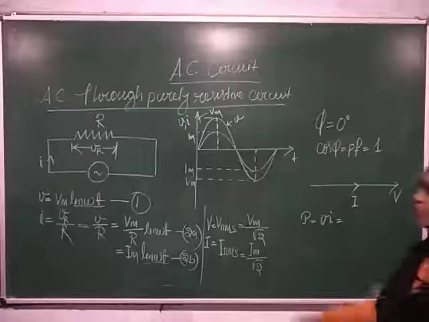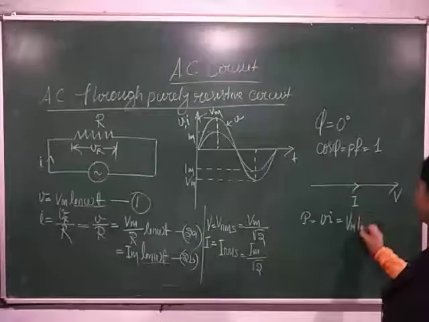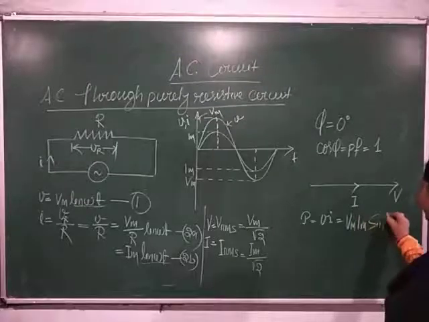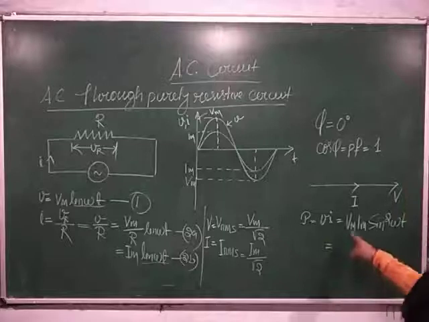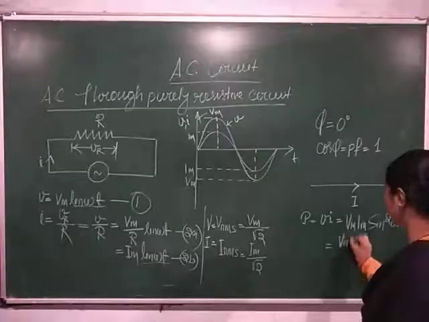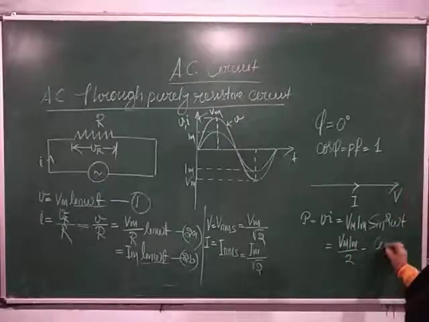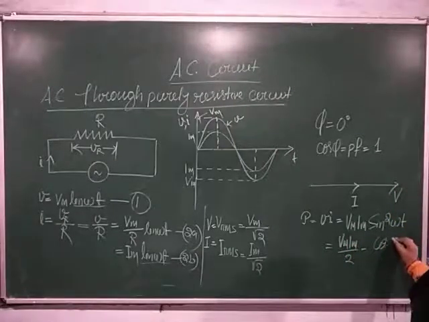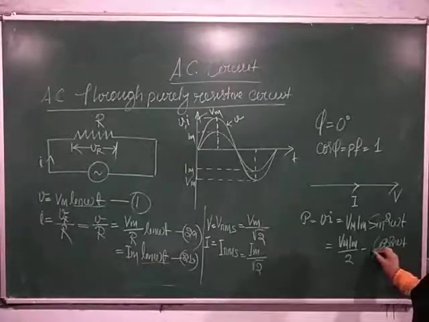So from equation 1 and 2, it is Vm Im sin square omega t. If you break this equation, it becomes Vm Im by 2 minus Vm Im by 2 cos 2 omega t.